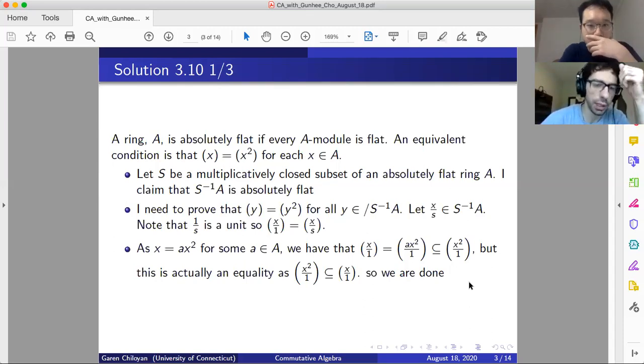One of the equivalent conditions is that every element is idempotent, meaning the ideal generated by x is the same ideal generated by x squared. Usually it's just containment from right to left, but in an absolutely flat ring you have an equality.